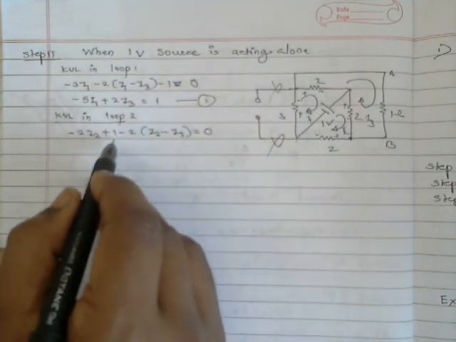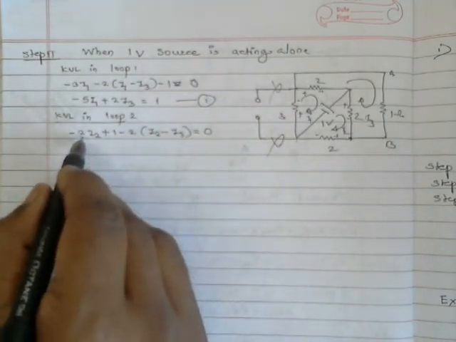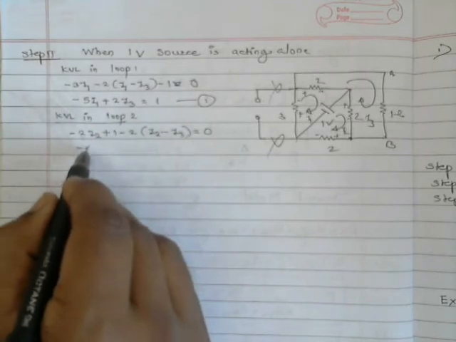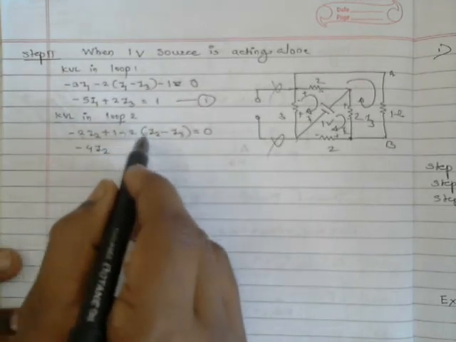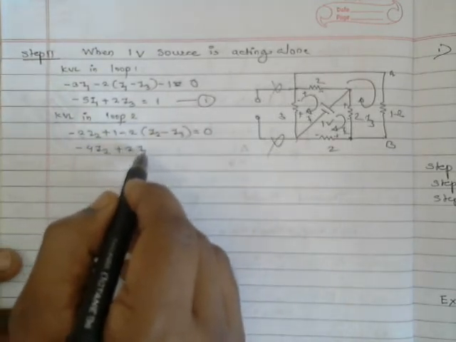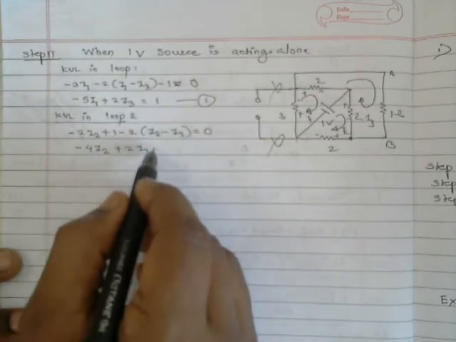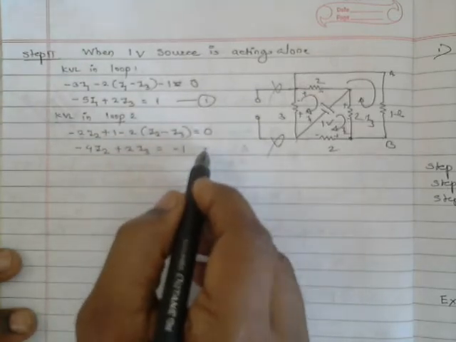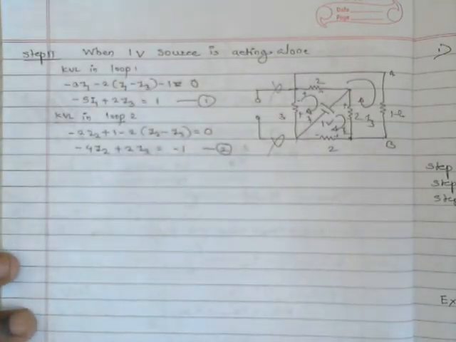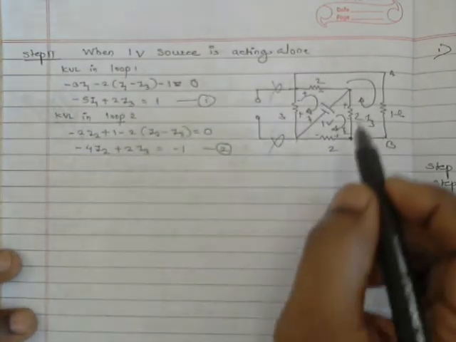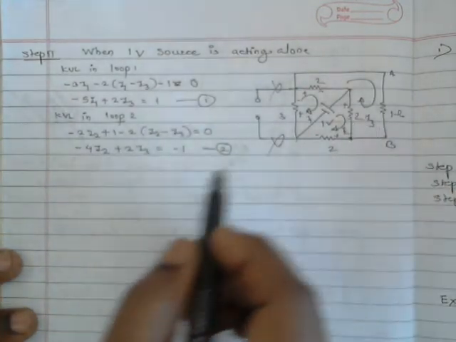So it is minus 2 I2 means minus 4 I2 plus 2 I3, and this one will be moved here, minus 1. Second equation, right?